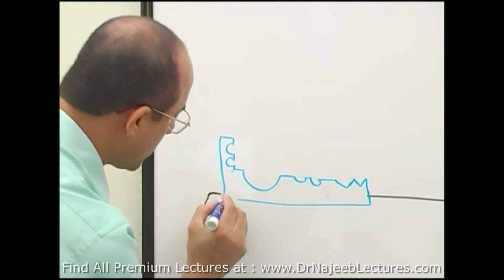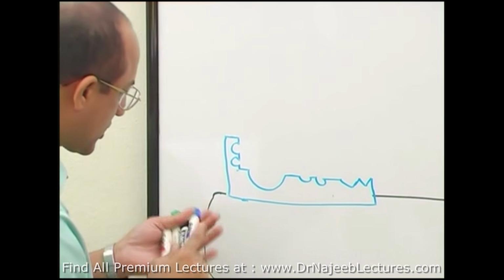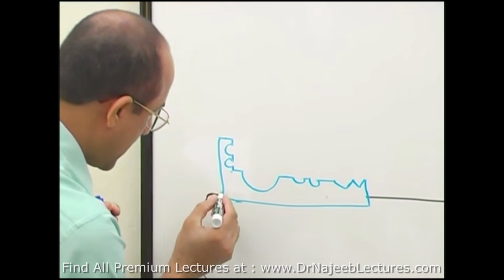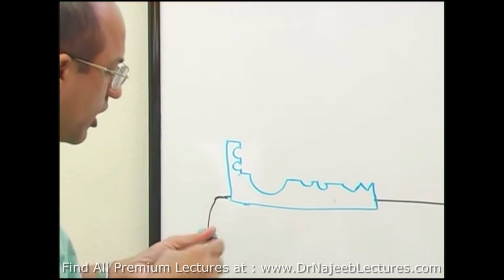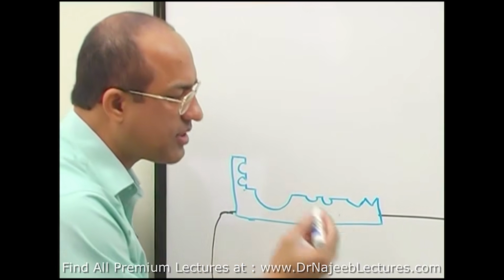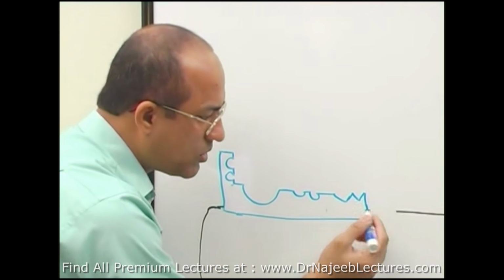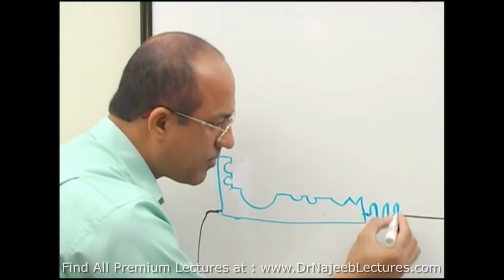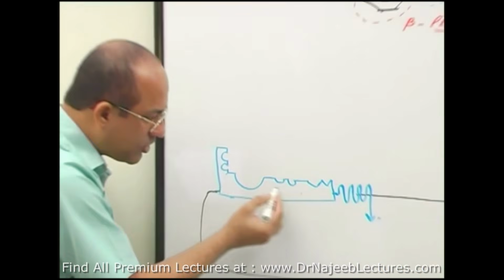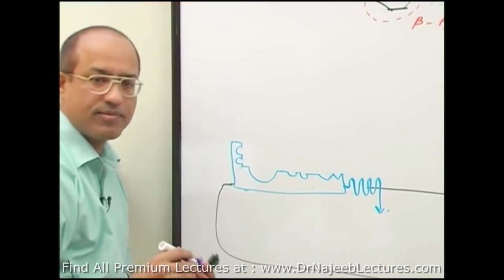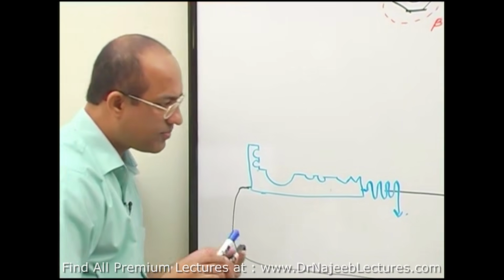Now let's suppose this is the hypothetical structure of the adrenergic receptor, and of course all of you know the adrenergic receptor is a 7-pass receptor. So actually from here, now this is the point where the drug is binding, right?